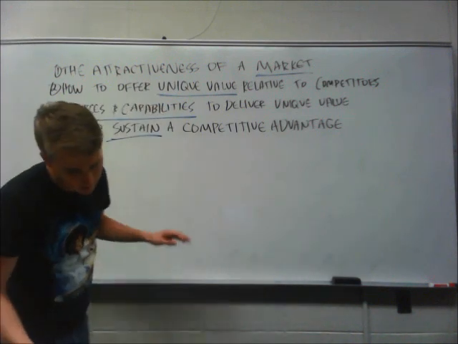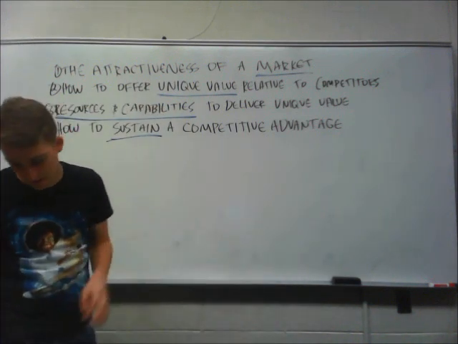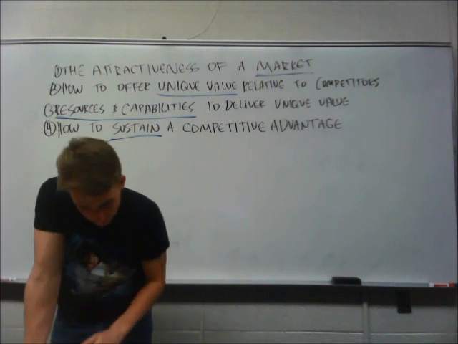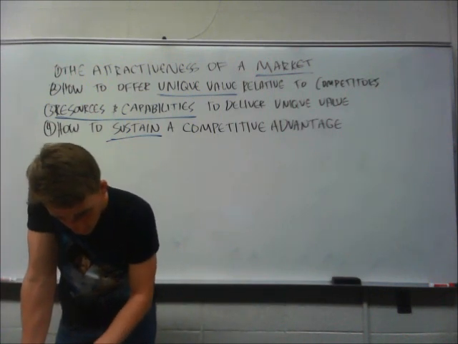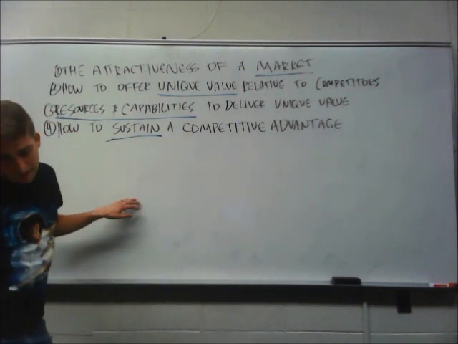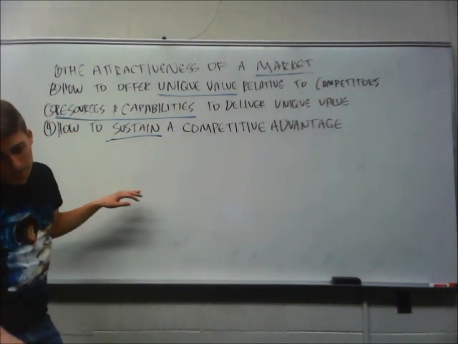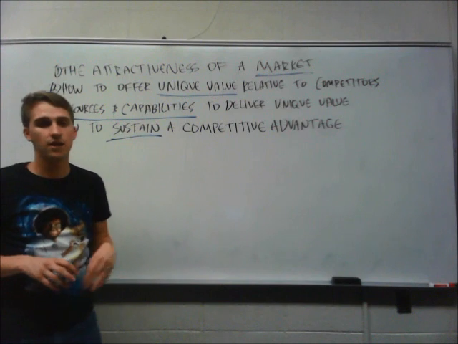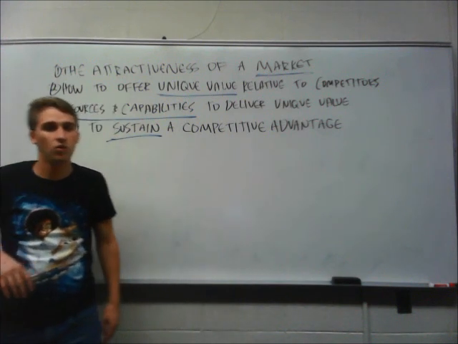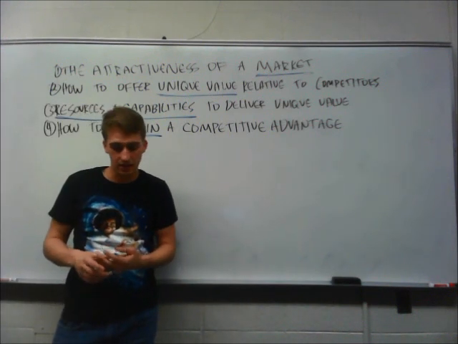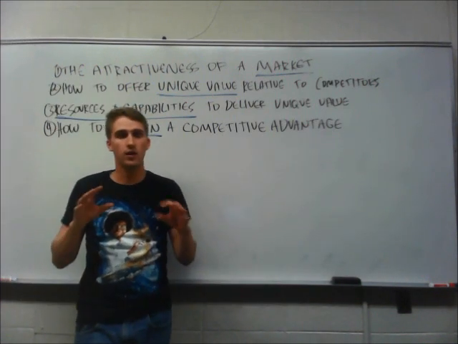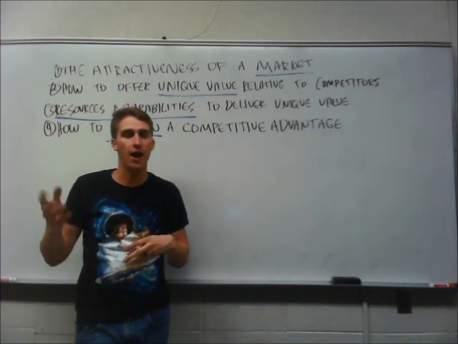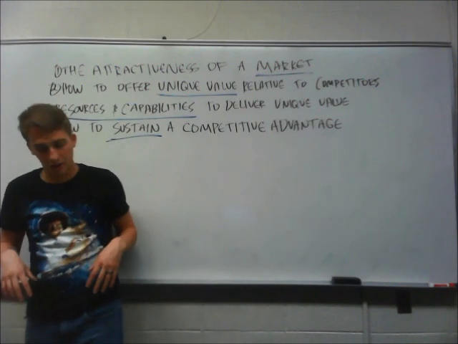And then another aspect of that is customer analysis. Let me look at my notes here because I'm starting to lose my train of thought. Okay, customer analysis. You would look at the needs of the customer and whether they're sensitive to prices. So you would look at those things, and that would help you figure out how to come up with your strategy plan.